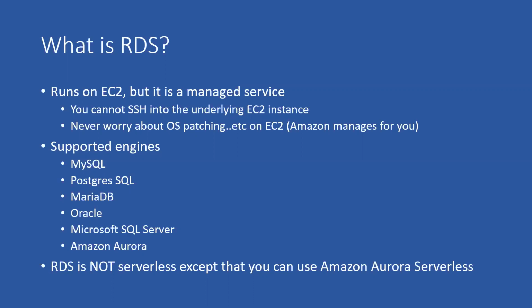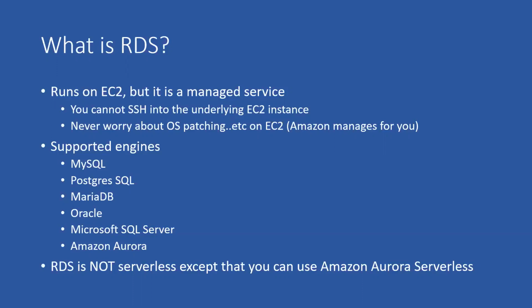That is why I want to stress that. So it is not serverless, but only one database has the capability to be serverless in RDS. That is Amazon Aurora. You can use Amazon Aurora as serverless, meaning you will not be charged for the entire 24/7, but based on your usage. Does it make sense?